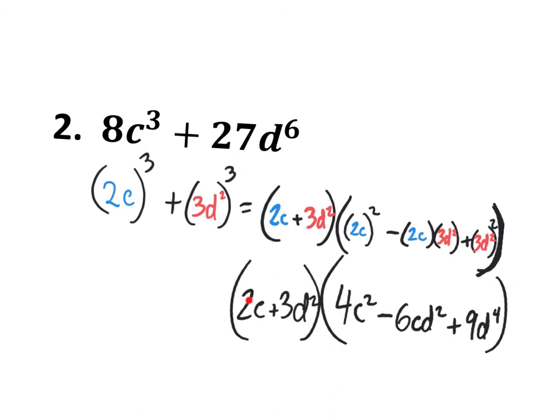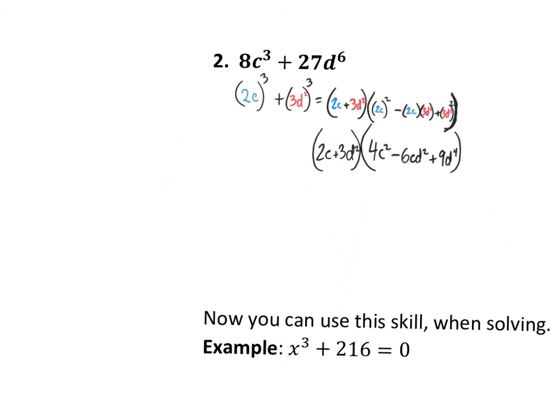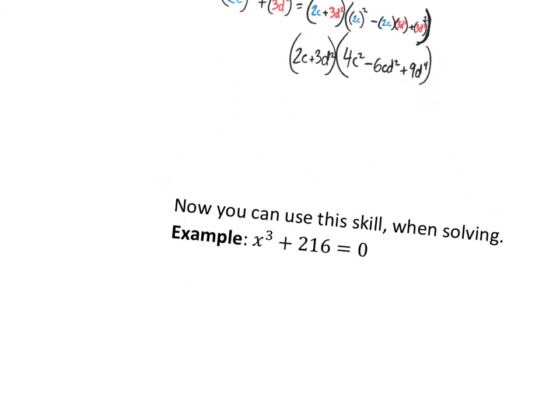If you were to distribute 2c times 4c squared, 2c times negative 6cd squared, 2c times 9d to the fourth, 3d squared times 4c squared, 3d squared times negative cd squared, and 3d squared times 9d to the fourth, and then combine like terms, everything would eliminate except for the 8c cubed and the 27d to the sixth, believe it or not. Anywho, we will be able to use these skills to solve these equations.